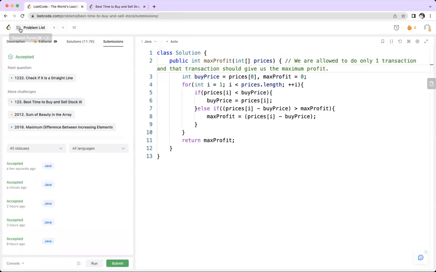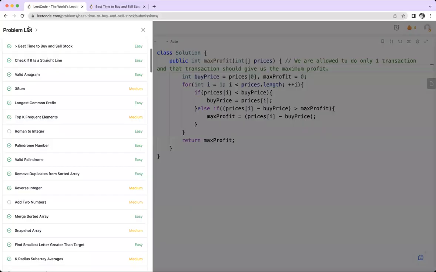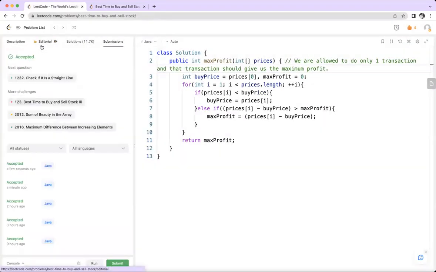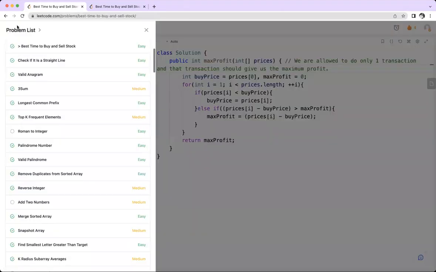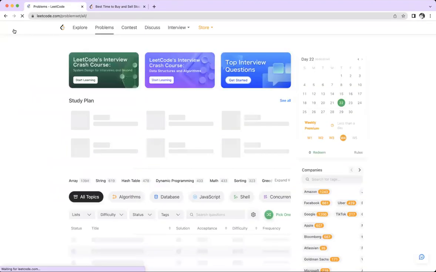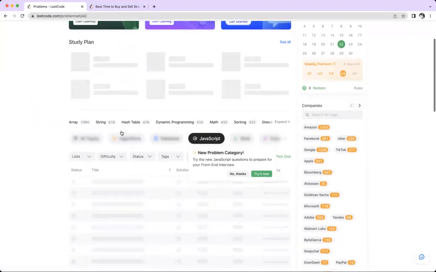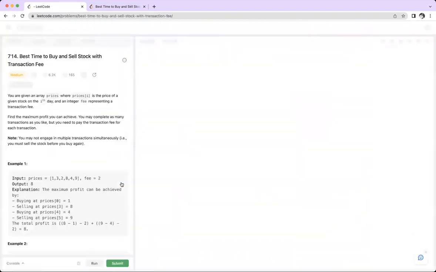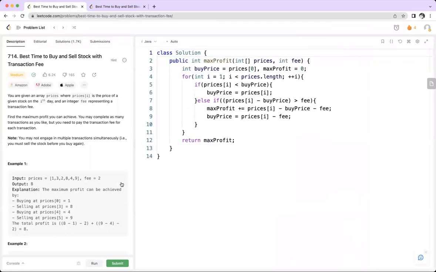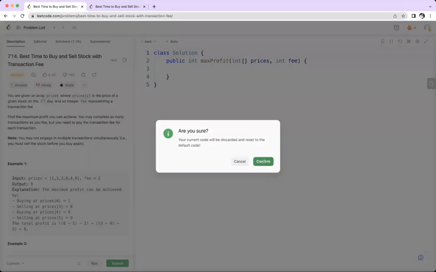Let's come to the problem list. Yeah, so this is the problem that we wanted to discuss. So let's get rid of this.